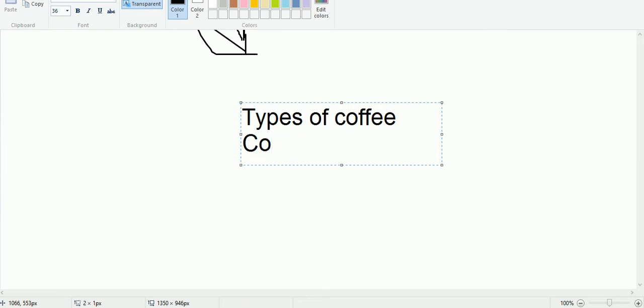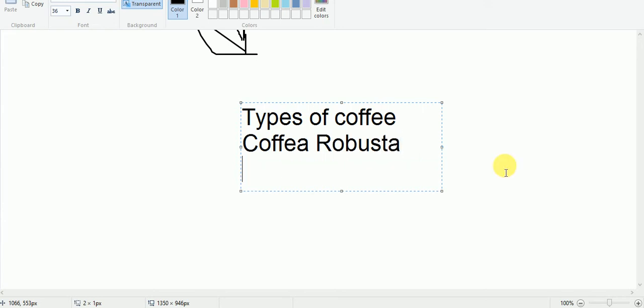The first one is Coffea robusta, and the second one is Arabica. Two types of coffee, Coffea robusta and Coffea arabica. And in India we are growing the second one, Coffea arabica.